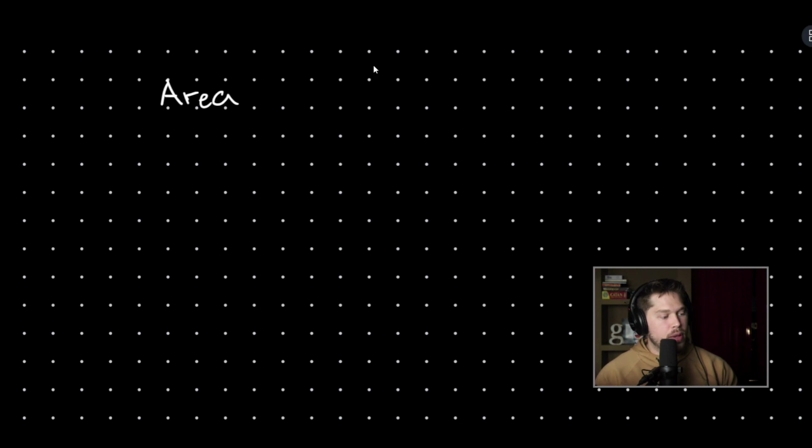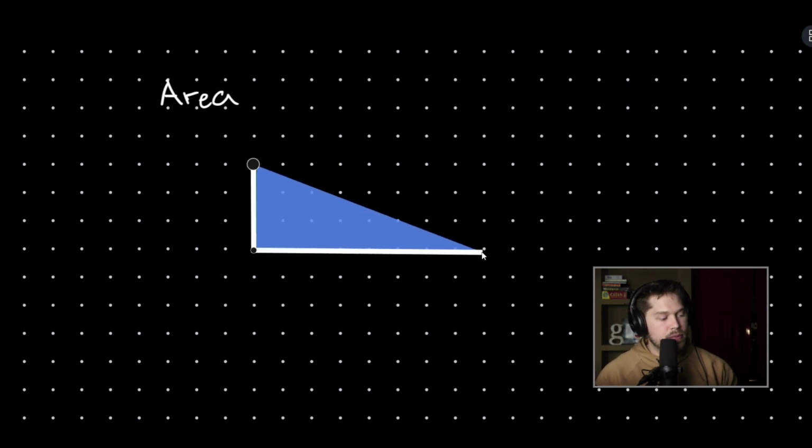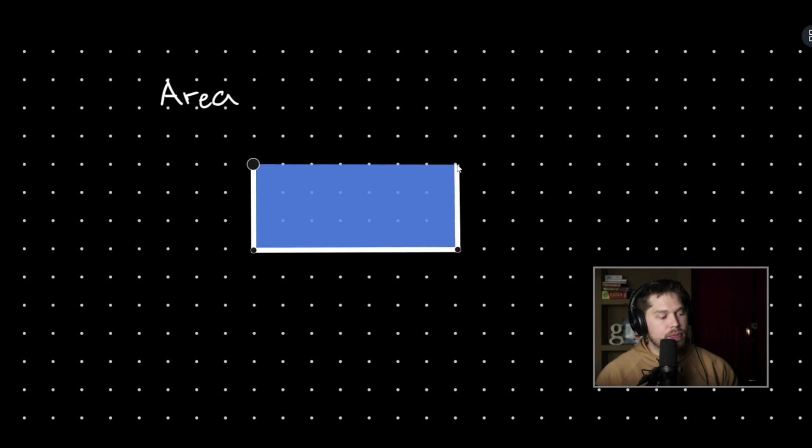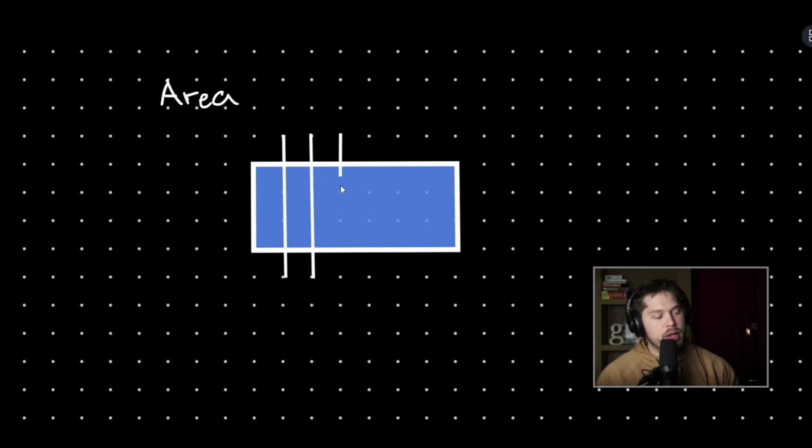Okay, so if we have a shape like a rectangle, what is the area of this shape? This is a pretty elementary example, but if we divide our rectangle up into a bunch of square units, we will be able to find its area. So that's what we're doing now.